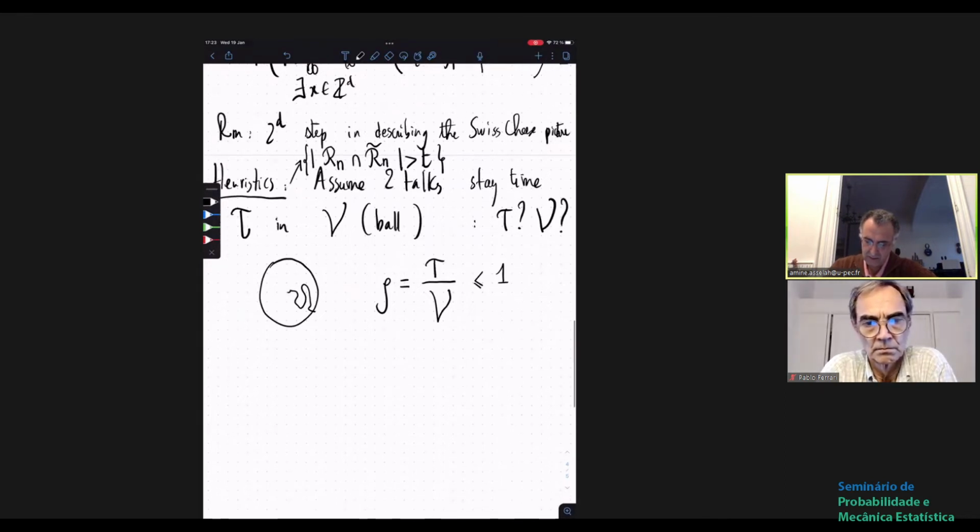And what I need is that, so that's the key thing, the cost of localizing a walk at time t in a volume V is exponential minus the time over the radius squared. So let me write it this way.